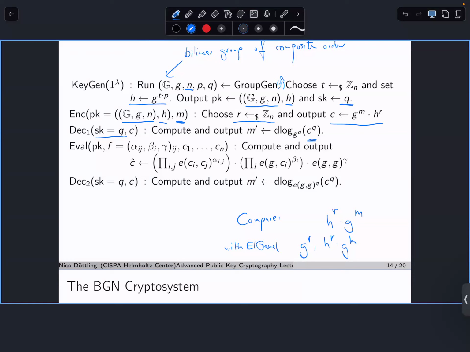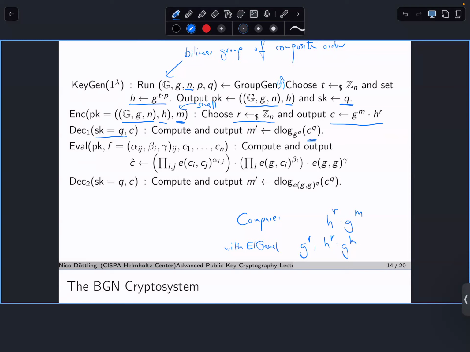Well, a discrete logarithm, that shouldn't be efficient, right? But that's why I said that for decryption to be efficient, the message M should be small, right?